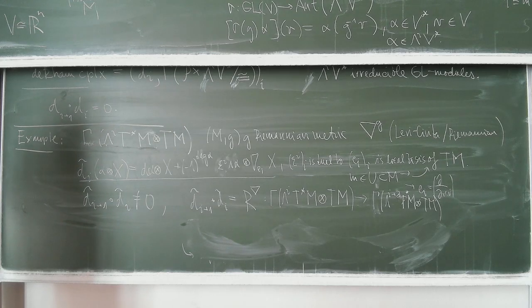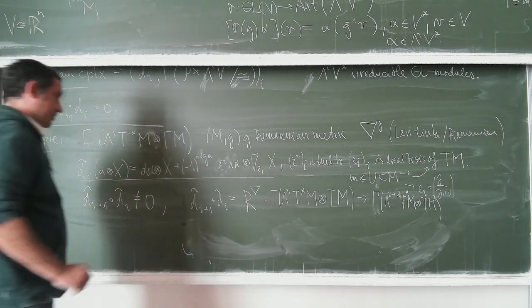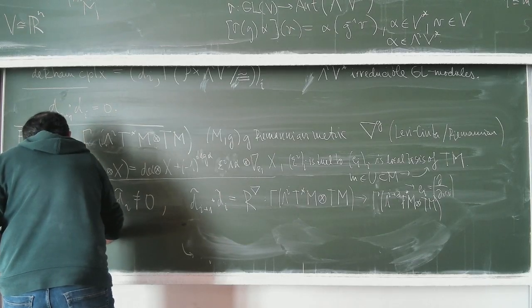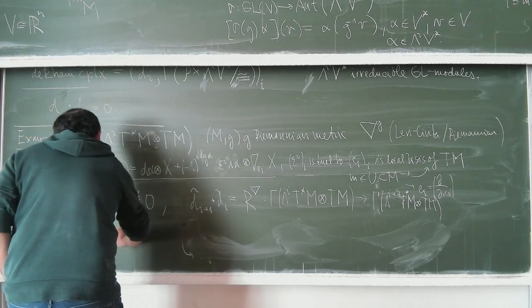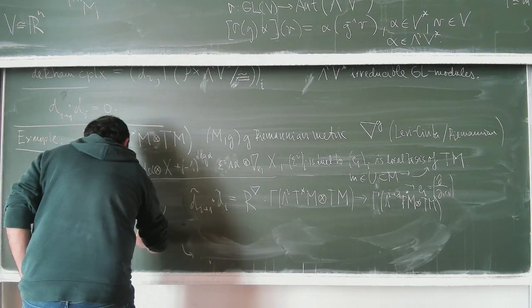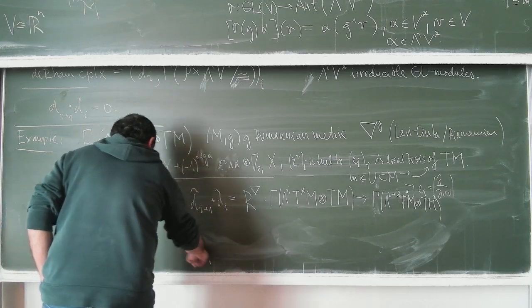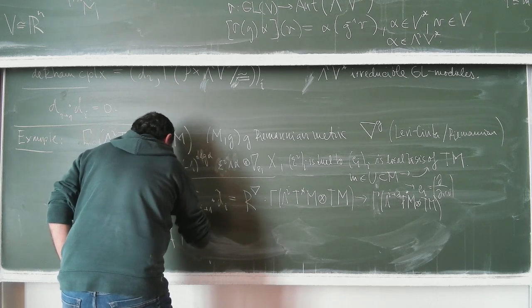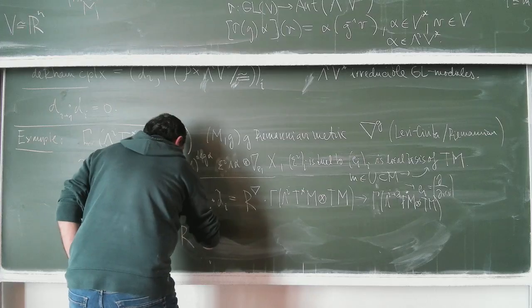So we can reformulate it. The curvature is actually the obstruction for these operators to form a complex. So, theorem: d_i tilde is a chain complex if the curvature is zero.